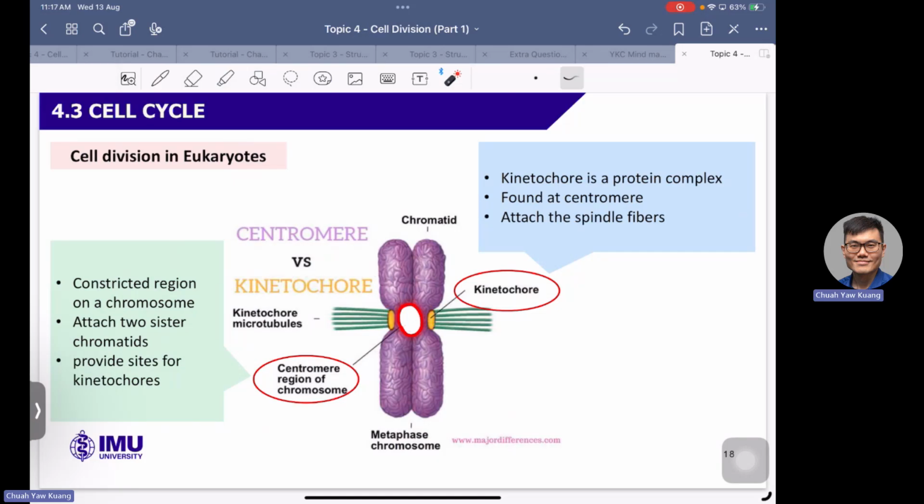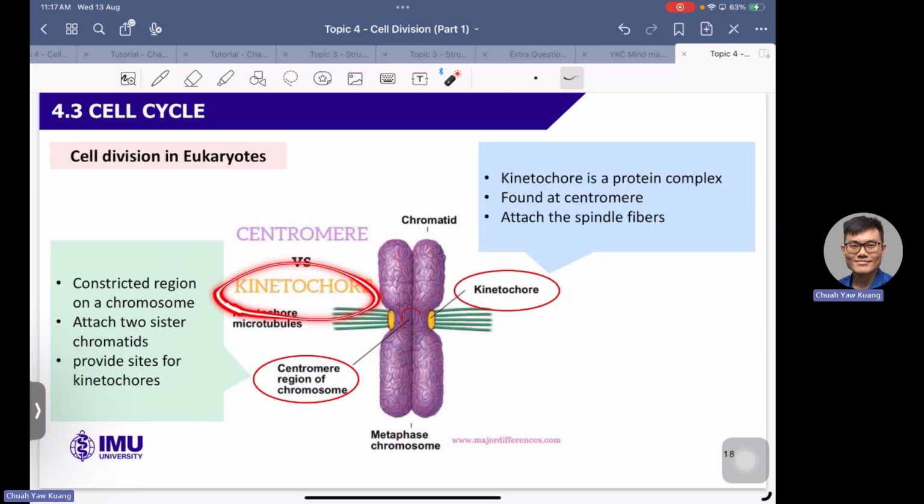Even a fly has a centromere. Butterfly also has a centromere. This is the centromere, the center point of the chromosome.